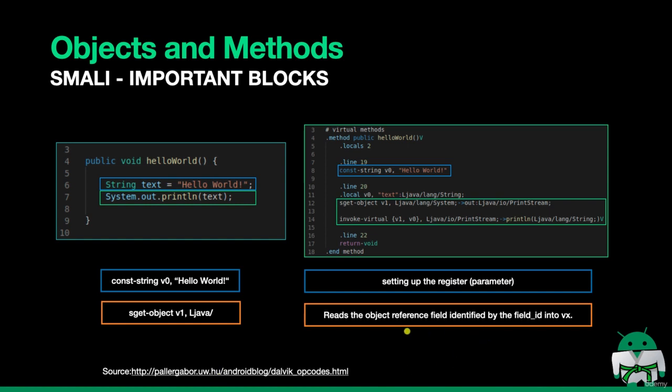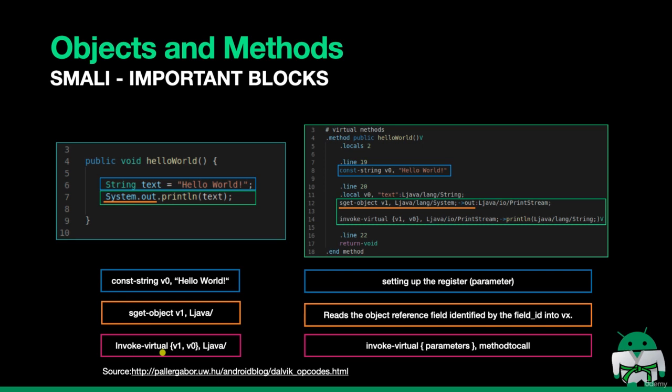So we read the object reference field identified by the field ID. This is our field ID after the comma, and we are reading the object reference into vx. So we are getting the object reference System.out, and we put this into v1 right now. All right, so this is what this line does. It's simply just System.out, nothing more.